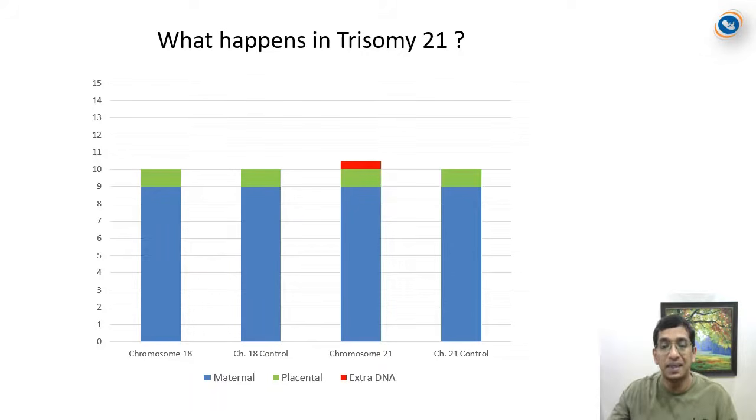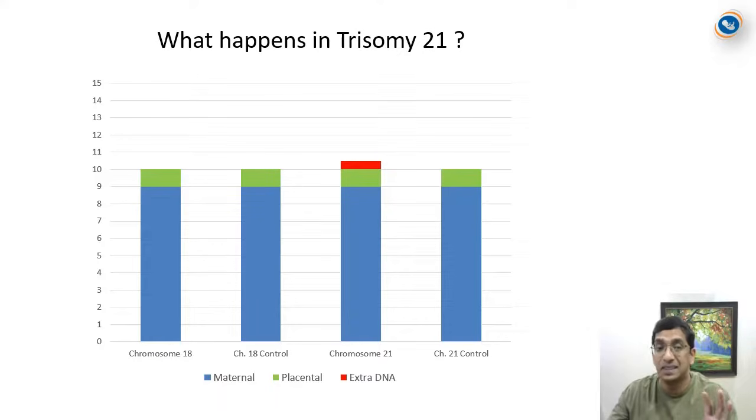Then this green bit is the normal placental DNA which is expected to be there, and this small red bit over and above the others is the extra DNA coming from the one chromosome which is extra. So you will have a slight increase in DNA corresponding to chromosome number 21, and based on this we can conclude that there may be trisomy 21 in the fetus.